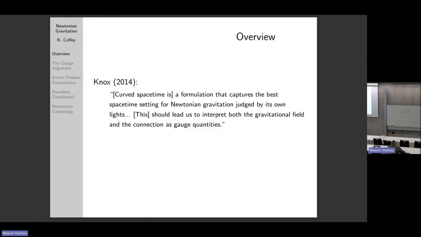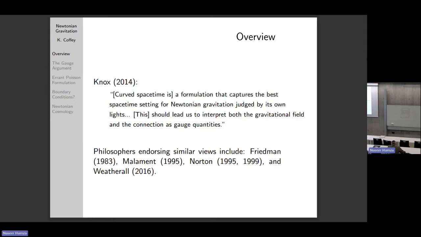She writes, "Curved spacetime is a formulation that captures the best spacetime setting for Newtonian gravitation judged by its own lights. This should lead us to interpret both the gravitational field and the connection as gauged quantities, that is conventional or not directly representing physical quantities." And this view has been endorsed by a variety of philosophers of physics, Michael Friedman, David Malament, John Norton, and Jim Weatherall, to name just a few.